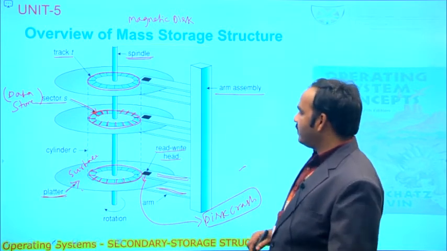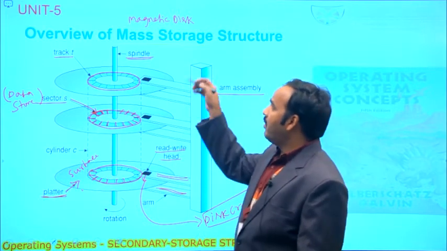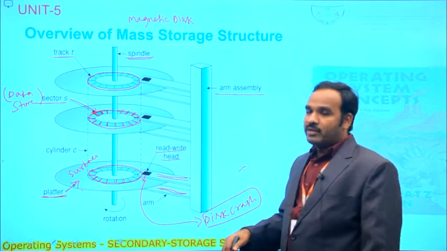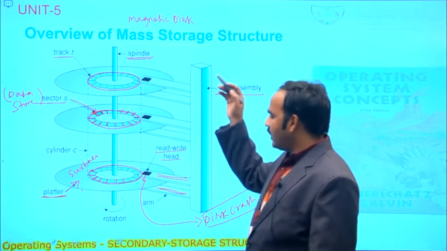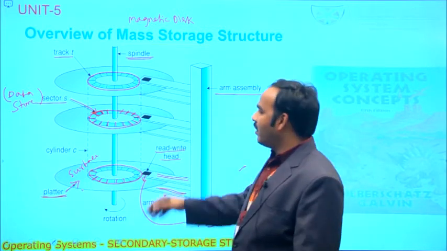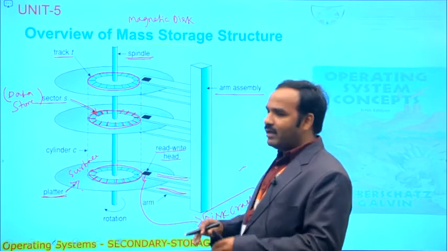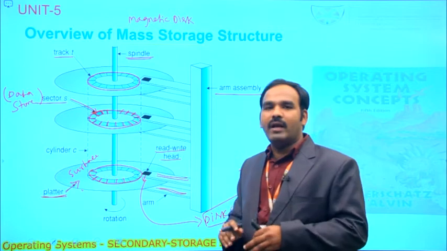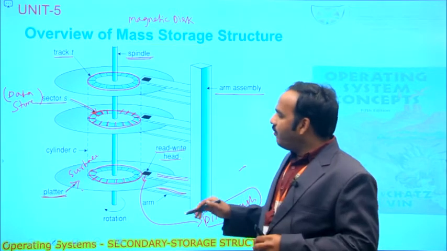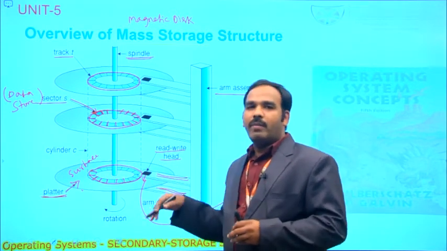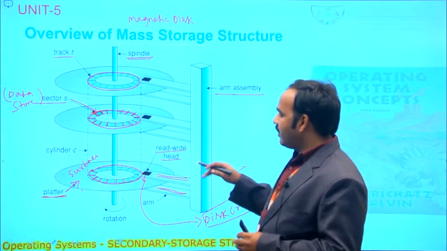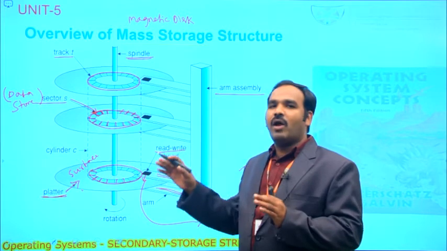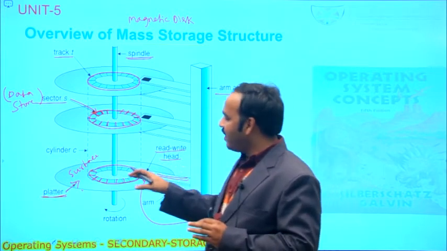Now, in the mass storage structure, this is the physical mass storage structure. It contains n number of platters. A platter is a magnetic plate like a CD or DVD. It is an iron material, but on top of it there is a magnetic surface.